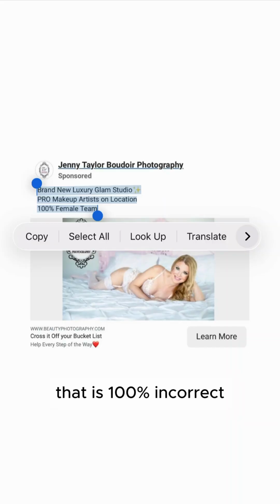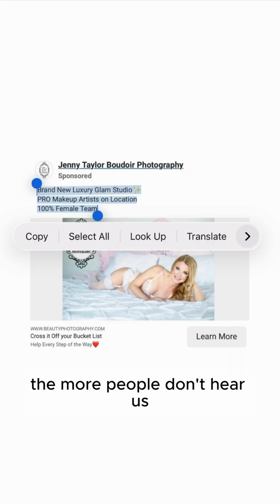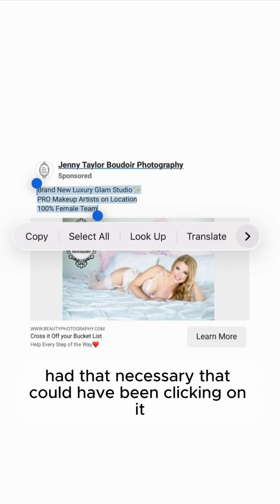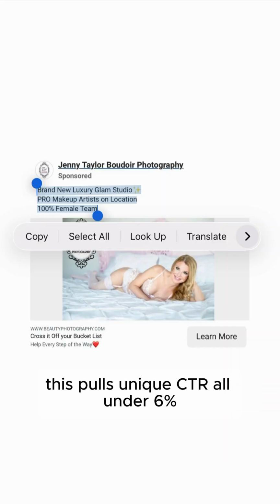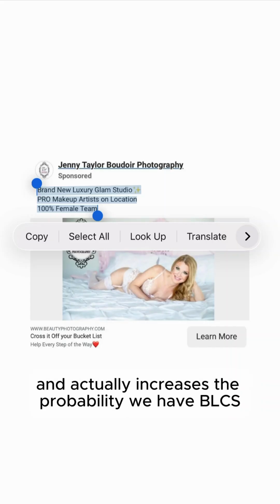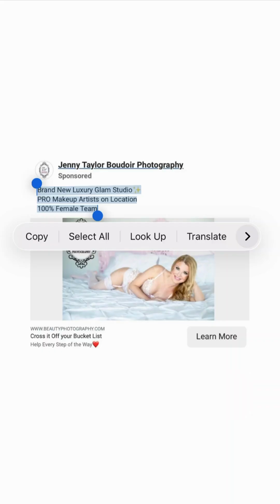That is 100% incorrect. The more we talk about us, the more people don't hear us. So the consequence of this is way more women scrolling by our Boudoir Facebook ad than necessary, women that could have been clicking on it. This pulls unique CTR under 6% and actually increases the probability we have BLCS.